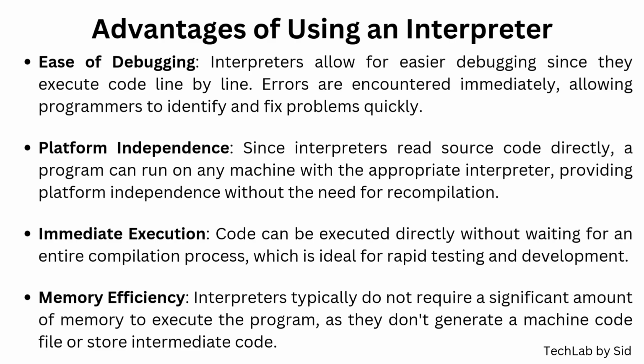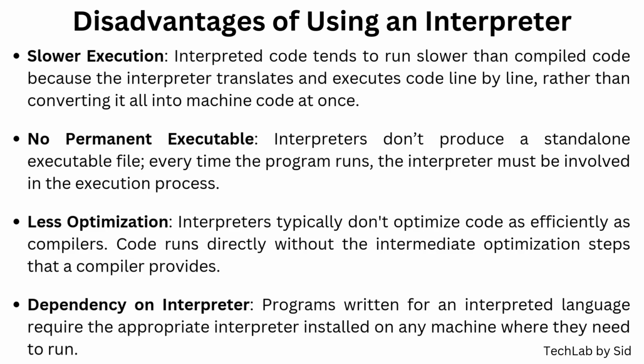Immediate execution. Code can be executed directly without waiting for an entire compilation process, which is ideal for rapid testing and development. Memory efficiency. Interpreters typically do not require a significant amount of memory to execute the program, as they don't generate a machine code file or store intermediate code.